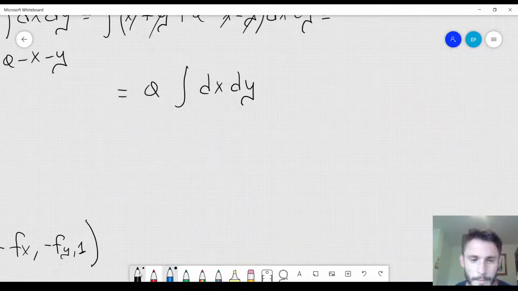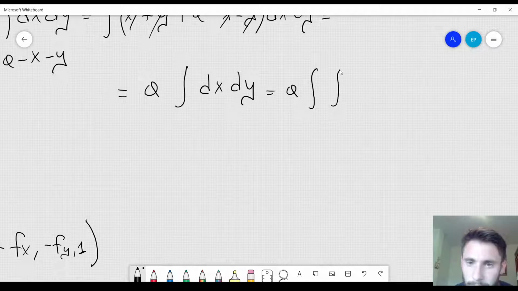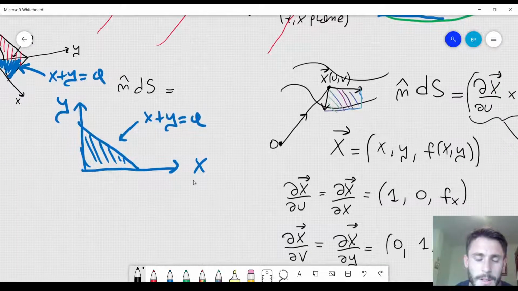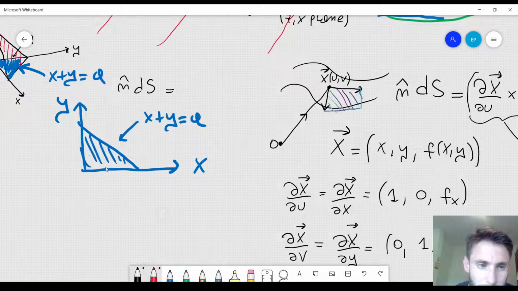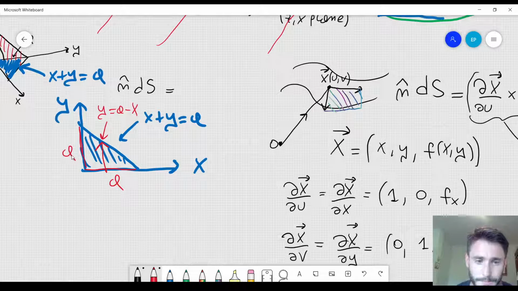So what I have is the following. This constant a, then I have the integral, then I can integrate first over y, for example. So when I move along the y-axis, I am going from 0 to the equation of this line, which is y equal to a minus x. And also remember that the length of this portion is equal to a, and also the length of this portion here is equal to a.